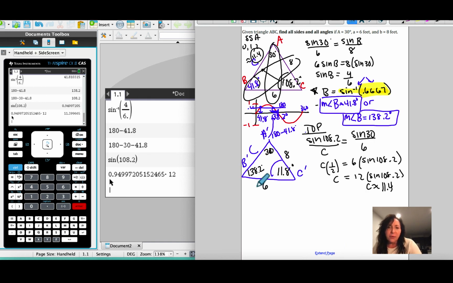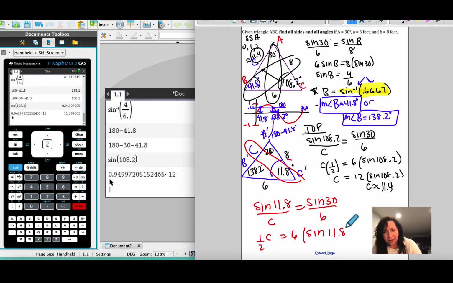And then the other one down here, let's use a different color. I'll use red. We're going to go sine of this angle here, because in order to find c, I need to use that. So sine of 11.8 over c is equal to sine of 30 over 6. Cross multiply: sine of 30 times c, half times c, is equal to 6 times sine of 11.8. Again, c is going to equal 12 times whatever sine of 11.8 is.